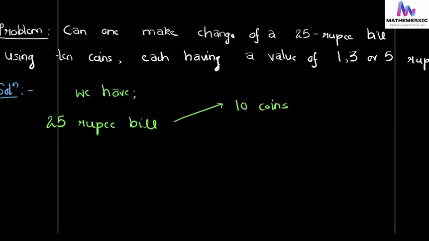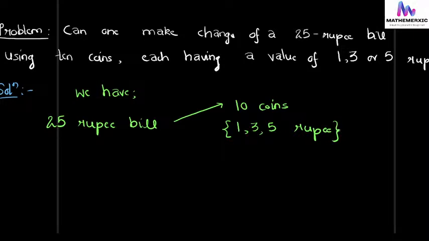10 coins, and here we should have 1, 3 and 5 rupee coins, in those denominations. So 10 coins we want, and we have to think about how to keep it. Obviously, the question is whether it is possible or not.